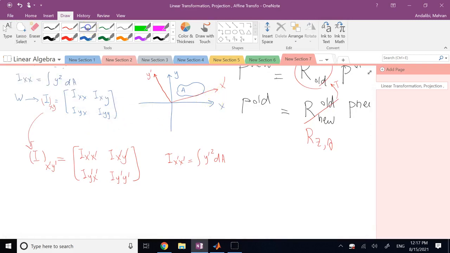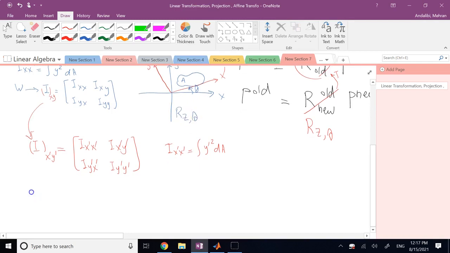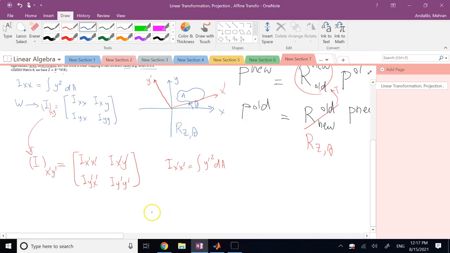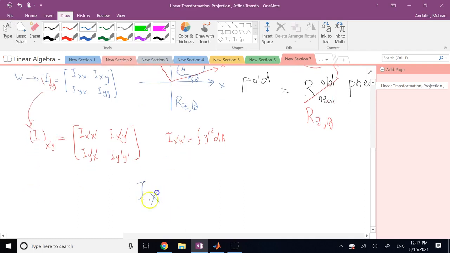So if this rotation going from X to X prime is described by the rotation matrix, let's say in this case your R is R of Z and theta, then if I want to show my I X prime Y prime as a function of I, X, and Y, I need to use this rotation matrix, and I need to use the inverse of that and do pre-multiplication and post-multiplication. So what you really need to multiply here is R inverse and then R.